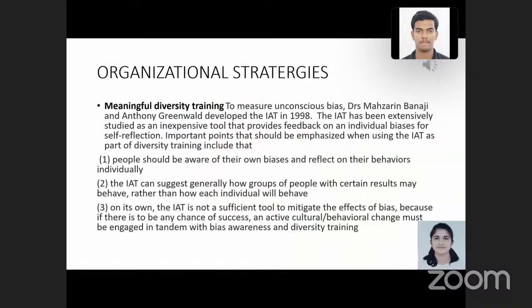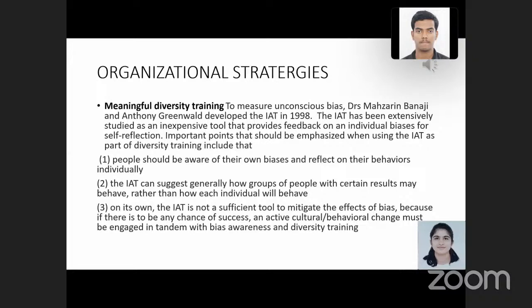To measure unconscious bias, Mahzarin Banaji and Anthony Greenwald developed the IAT in 1998. Important points are people should be aware of their own bias and reflect on their behavior individually. The IAT can suggest generally how groups of people with certain results may behave rather than how each individual will behave.